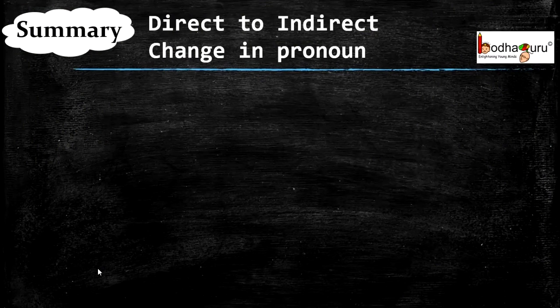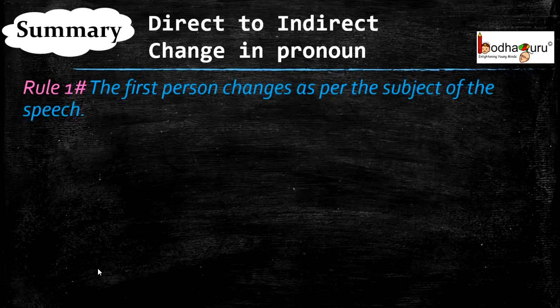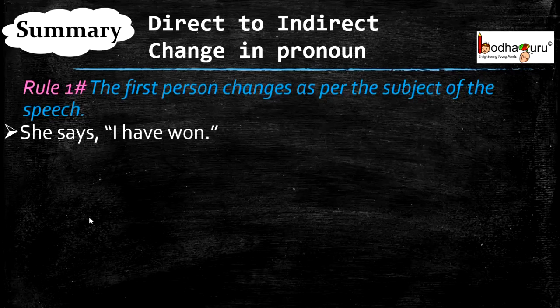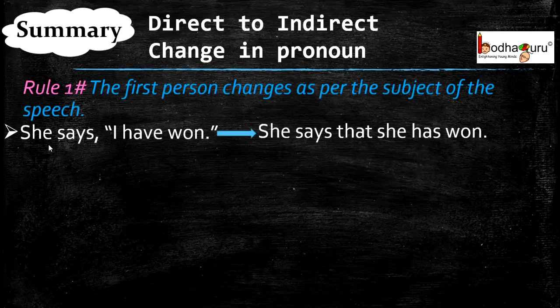So remember, how do we change in pronoun when changing from direct to indirect? First rule, the first person changes as per the subject of the speech. Example, she says, "I have won." So this gets changed to, she says that she has won.